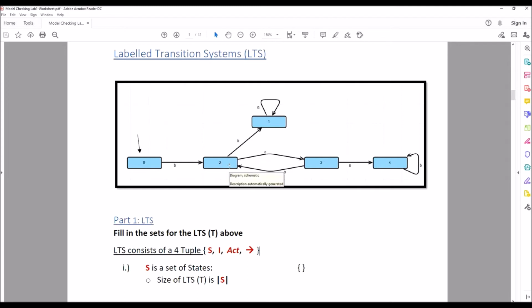Again, this is a deterministic labeled transition system, so this means at every state we have a transition which takes us to another specific state. If this was non-deterministic, if we were at 2 and we took the action A to go to 3, and also the action A could take us to 1, then it is non-deterministic.